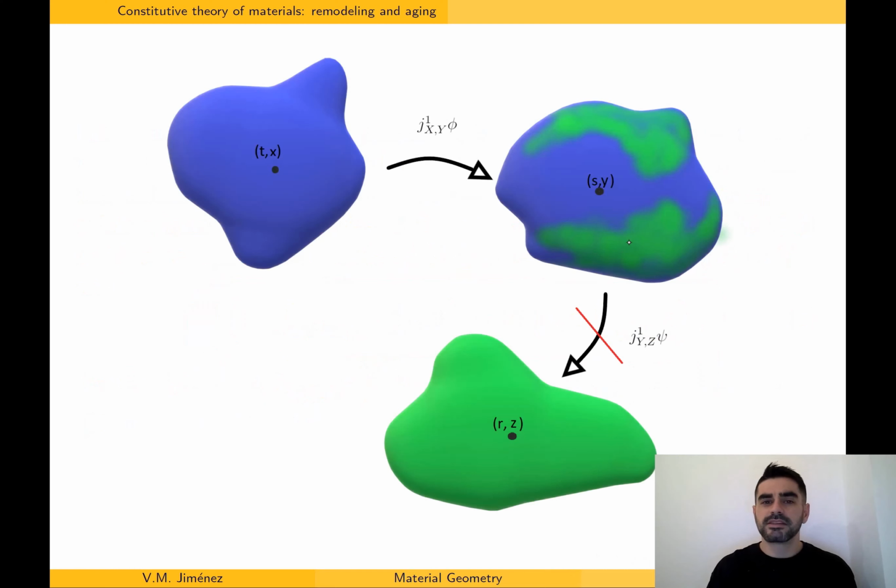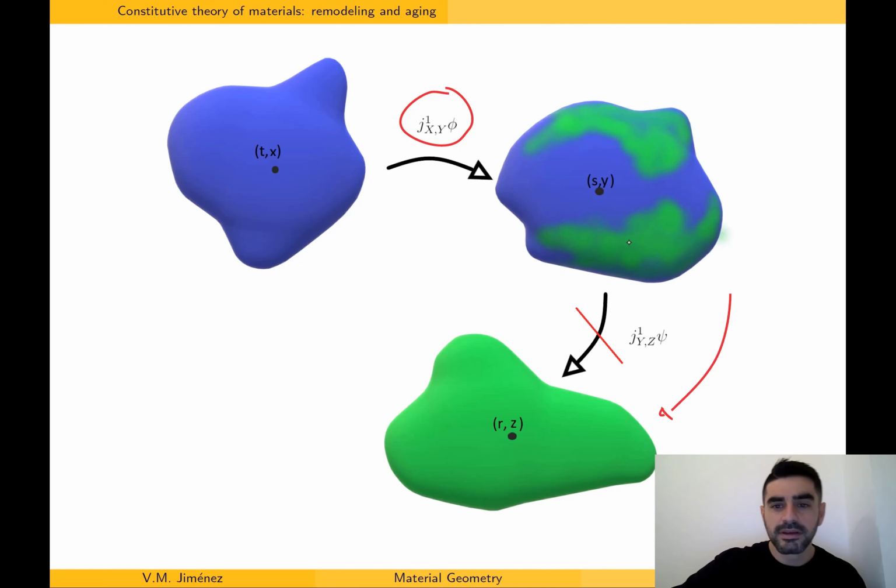So let me show you just a simple picture in which we can see how the body is changing. In the first step from T to S, the mechanical properties haven't changed, so these material isomorphisms exist, but in the next step at time R, the mechanical properties have changed, so this one cannot exist.